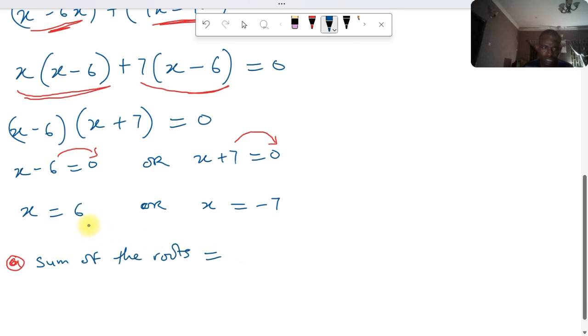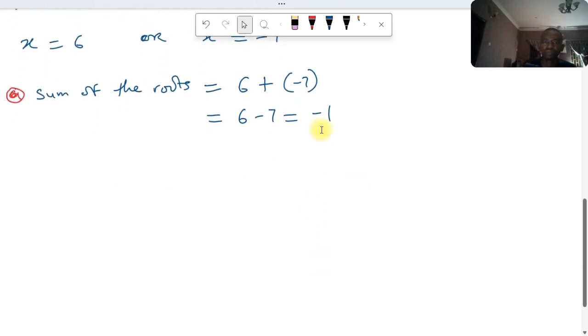Now what are the roots? We have 6 and minus 7. So you have 6 plus minus 7. So in this case you will have minus 1. So we are done with A.